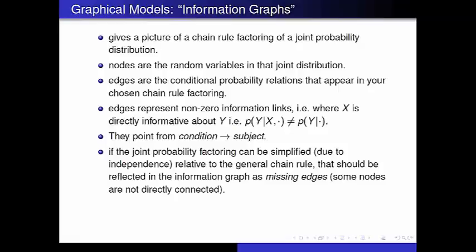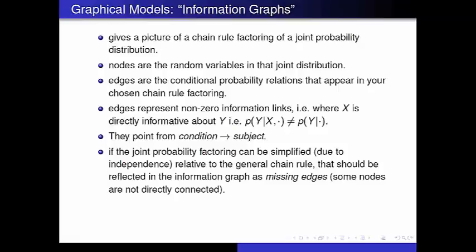Basically, if a pair of variables appears in a conditional probability term in the expansion of your joint probability, then you're going to draw an edge from your condition to your subject variable. Okay? There's going to be an edge with an arrow on it. It's a directed edge because conditional probability is asymmetric, right?